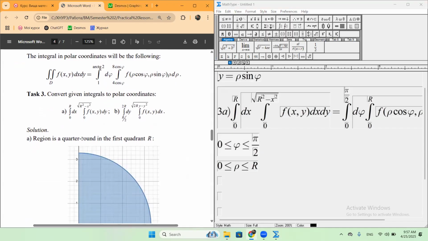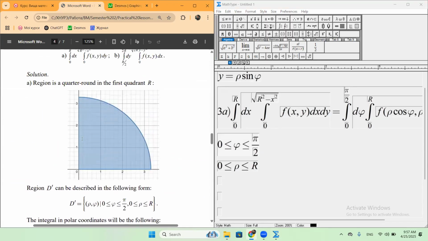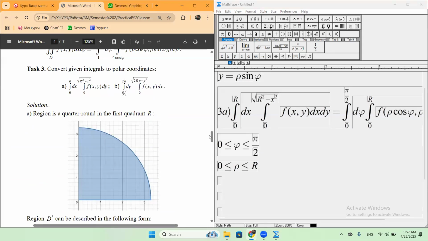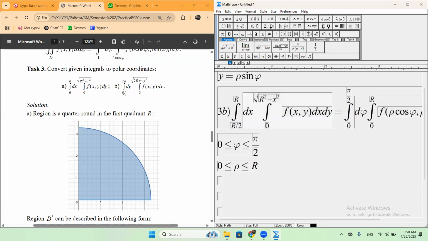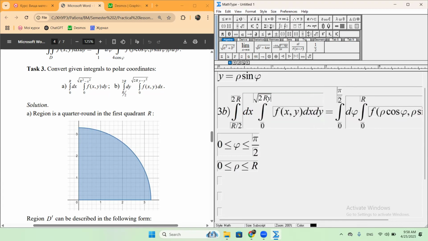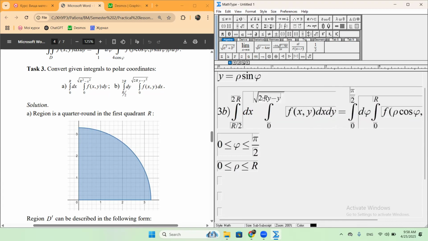No. So now let's have some practice with this region, now with B also. It is a little bit more complicated, but I guess not that complicated. So x from r over 2 to r, and y from 0 to the square root of r y minus y squared. And by the way, we have to change the order of integration here.